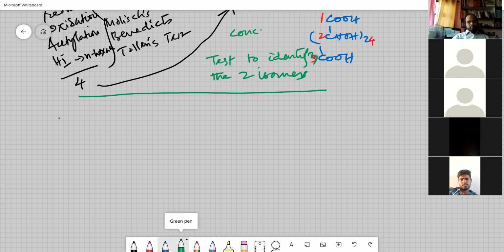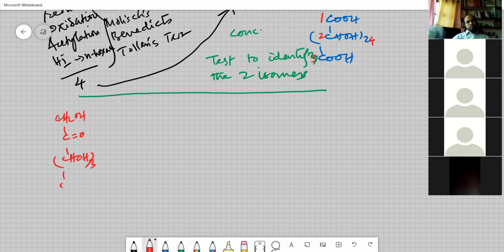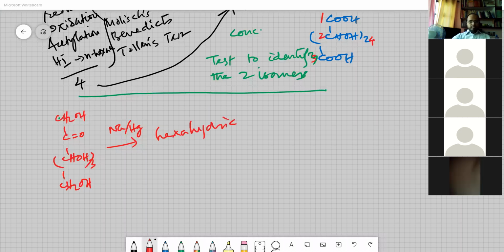This here. CH2OH. Three times CH2. Sodium amalgam is raised to hexahydric acid.